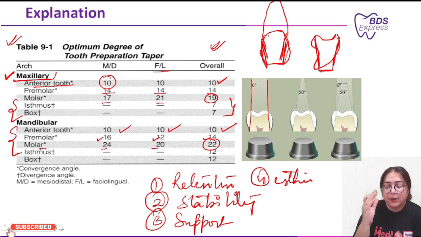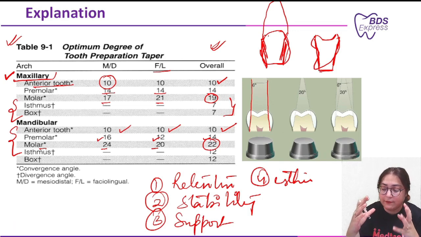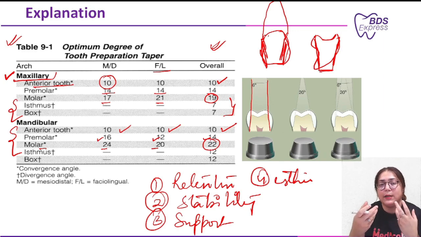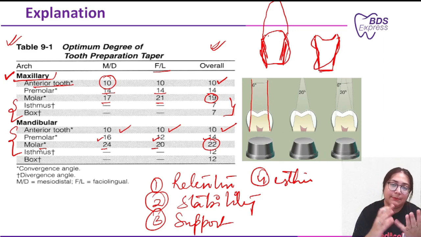Giving 10 degrees for anterior is enough for them to hold the restoration. If you are giving 10 degrees faciolingually, that will be enough to hold the veneer crowns and all those things. So it provides adequate retention, stability, support, and it is very good from the aesthetic point of view as well.